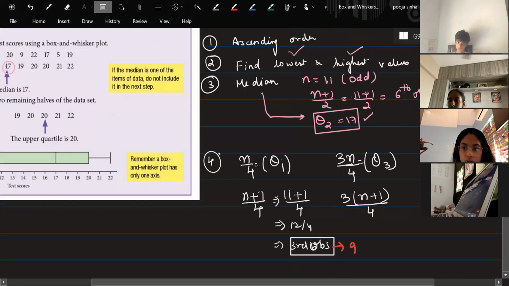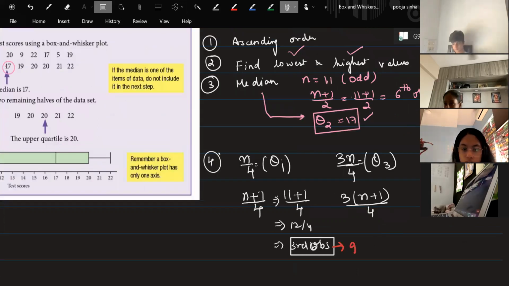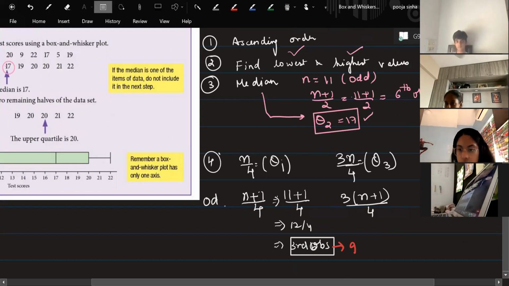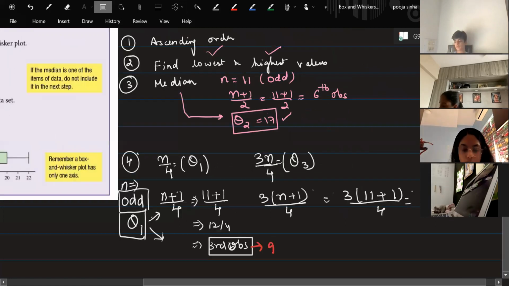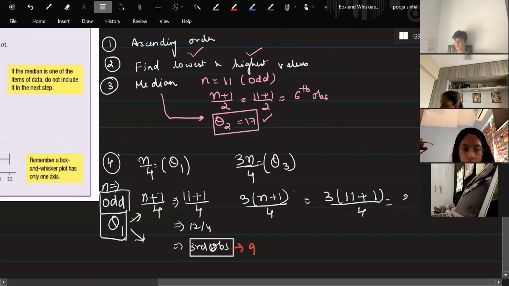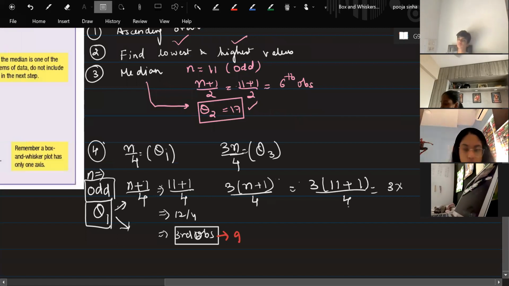3(n+1) by 4 is what we do for odd values, when n is odd. So Q1 will be like this, and when n is odd, Q3 will be 3(n+1) by 4. n is 11, so 3 into 12 is 36, upon 4 is 9, which observation?